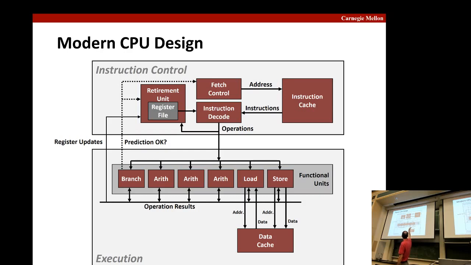From that instruction cache, you have a stream of instructions being fed into the decoder. For each instruction that gets decoded, there are some registers you're going to need, and unless it's just a move, there are some operations being performed.